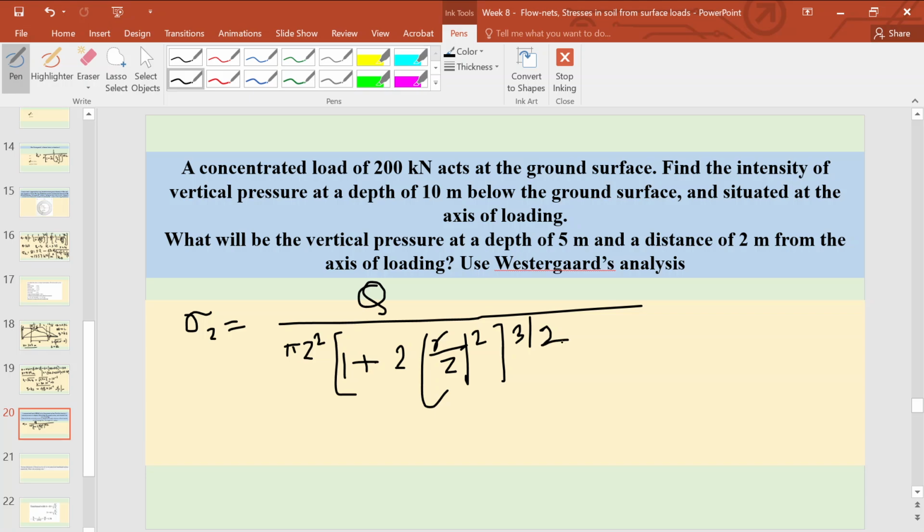Now when r equals 0, sigma z becomes q by pi z square. This is easy. So 200 by pi into 100, I believe it is 0.64.